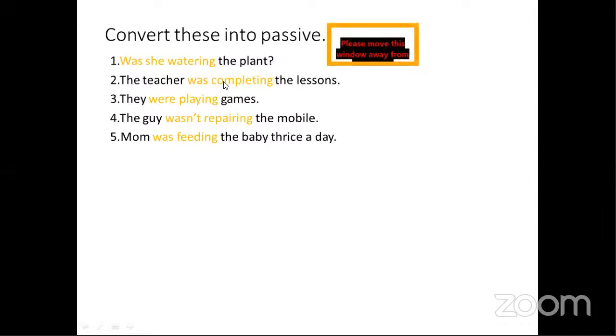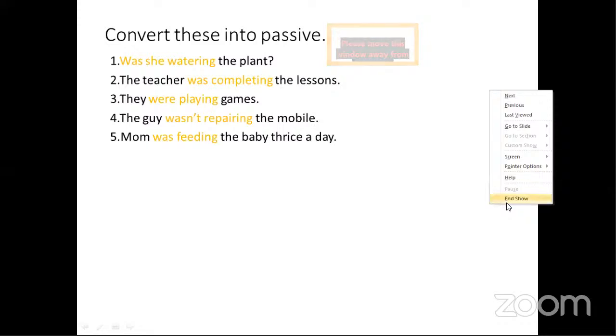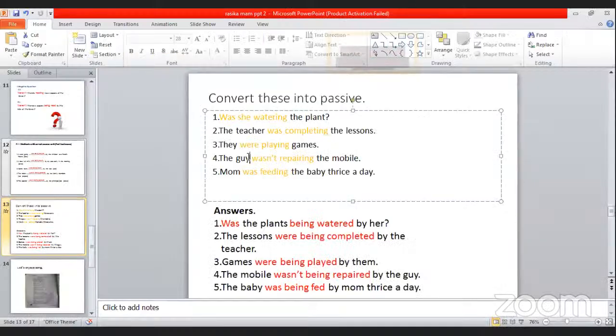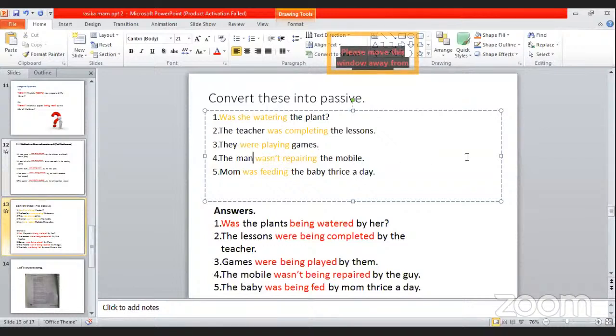What is this sentence type? This is affirmative. Then they were playing games. This is also an affirmative sentence. Then the guy wasn't repairing the mobile. What is this? This is just a negative sentence, no? And finally, you can see mom was feeding the baby thrice a day.